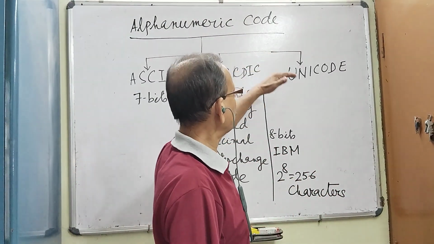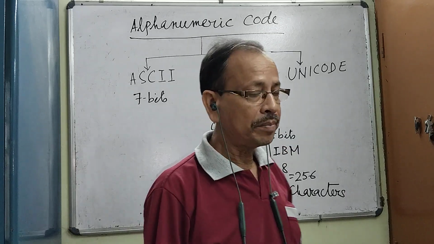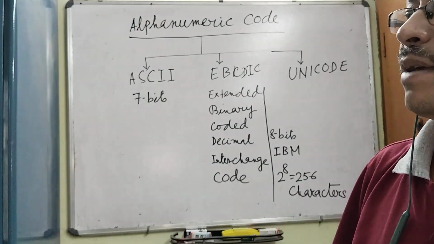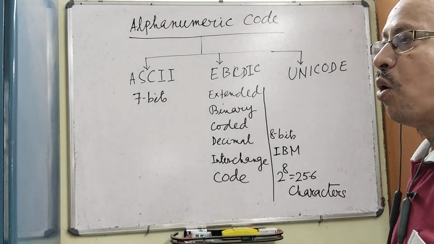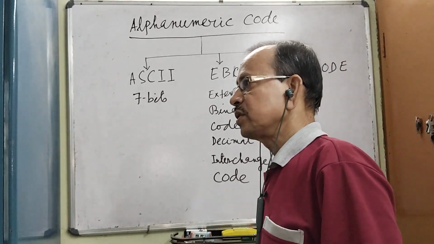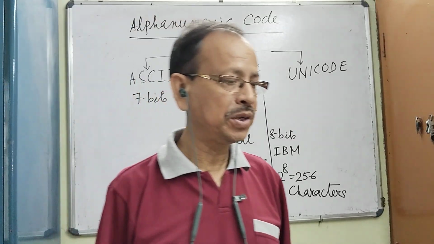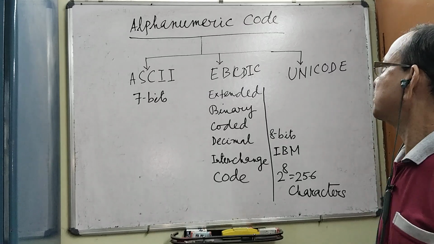International Unicode Consortium developed a special type of code by which all characters in different languages, all script in different languages can be represented.